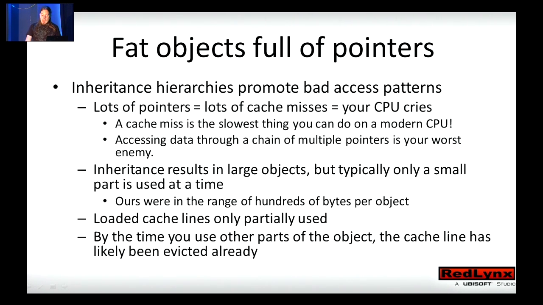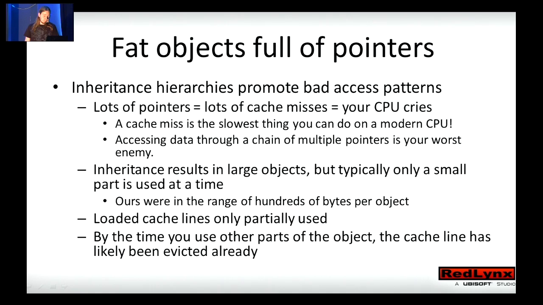But they are not accessing the full object, just a small part of it, and they are not using the full cache lines of the data. That means you are loading much more data into the CPU caches than you are actually using, so you are burning a lot of bandwidth, and you are adding some extra latency and waiting time.